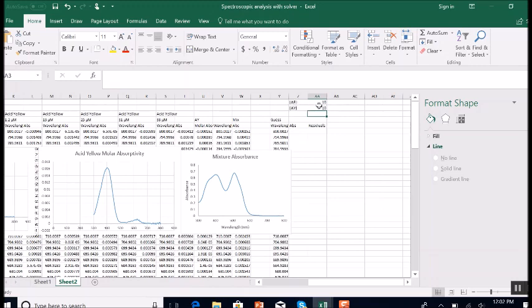So my guessed concentration of acid red in this mixture is 10, this is 10, not based on anything logical except for the magnitudes of the calibration curve, the data that we have.